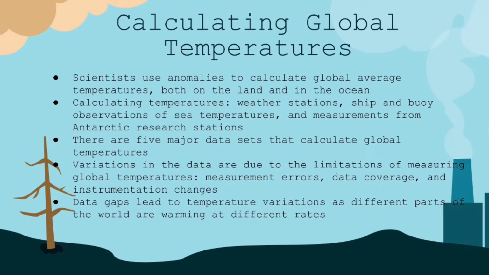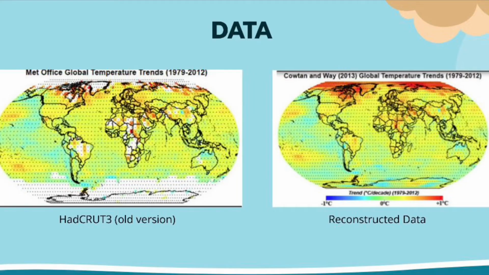And as far as data coverage goes, groups like NASA cover 99% of the globe, and then groups like JMA only cover 85%. So that's a pretty drastic difference in terms of what is being calculated. If you look at these two maps, on the left, we have data from the HadCRUT3, which is the old version and how we used to calculate global average temperatures.